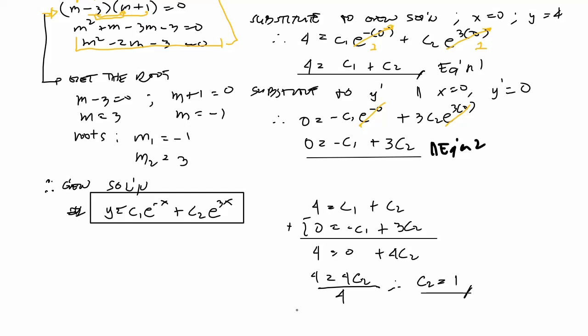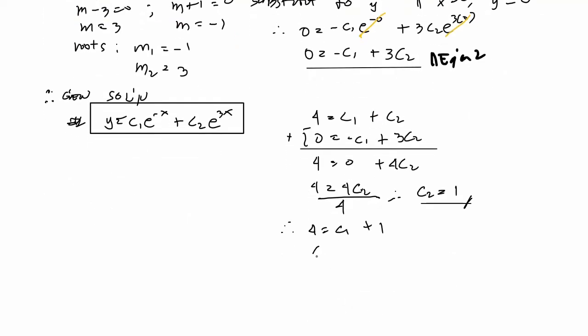So we have 4 is equal to C1 plus our C2, which is 1. Therefore C1 is just 4 minus 1 is equal to 3. So C1 is equal to 3. Now we know the values of C1 and C2.